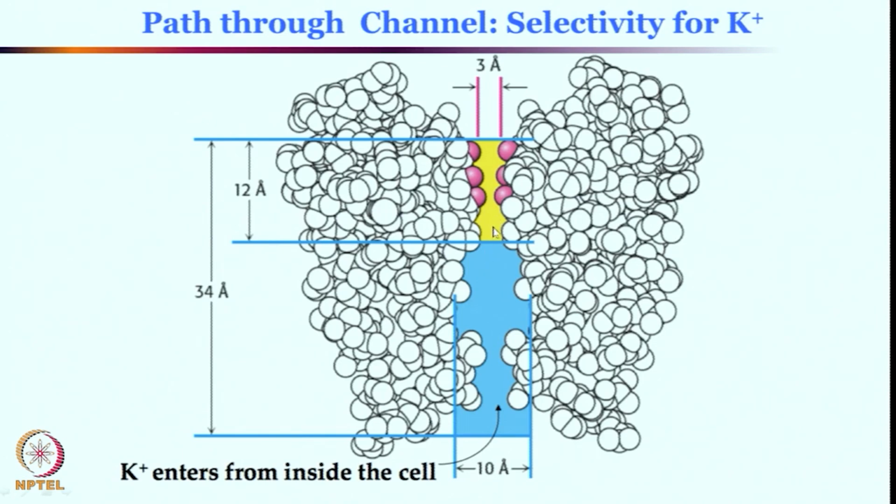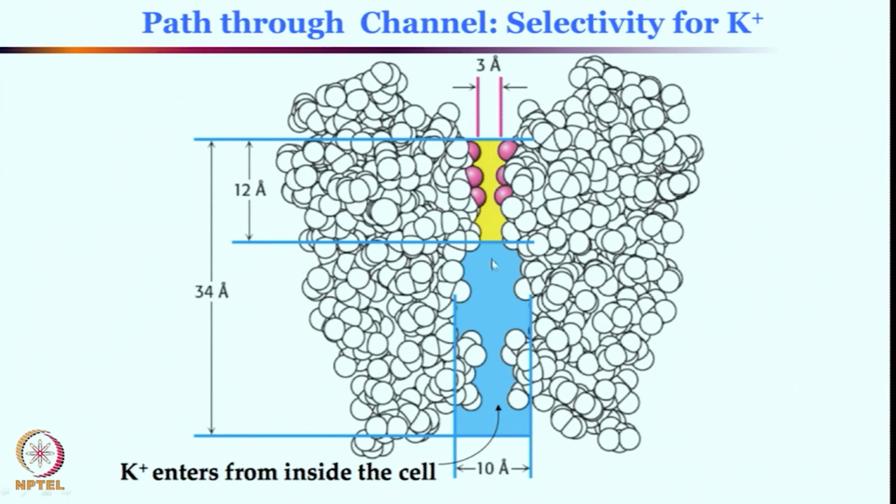If it is much smaller than this 1.5 angstrom, then there is a possibility that they can pass through, although you see that there are further narrower passages inside this channel. So there is every chance that the metals which have much less than 1.5 angstrom radius will pass through this narrow phase of the channel.